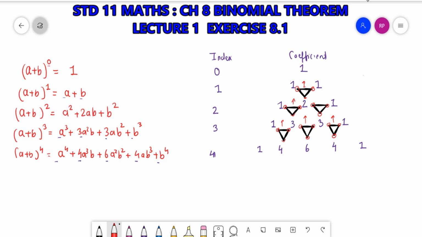So this is called Pascal's triangle. Pascal found this pattern, so it's named Pascal's triangle, after the French mathematician Blaise Pascal. Using this, if I want to form a fifth row, meaning if the power is 5, I can use these triangles.